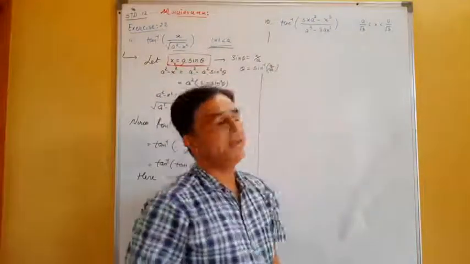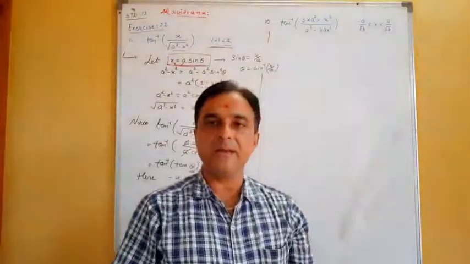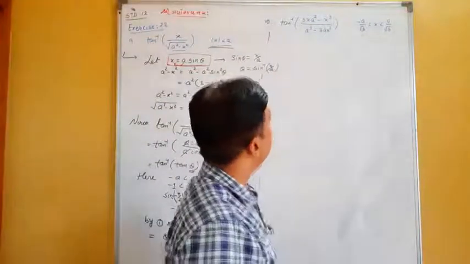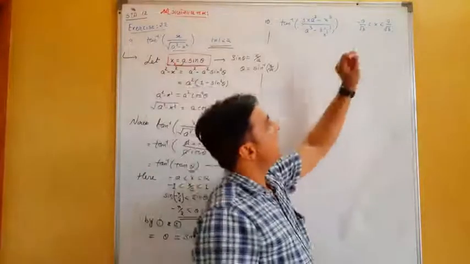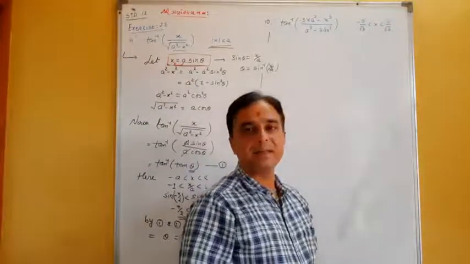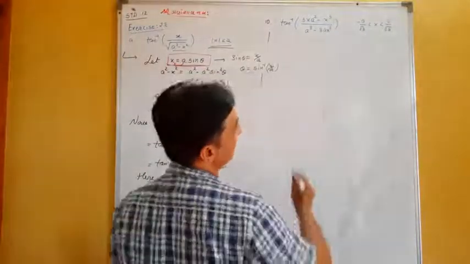Now for the 10th one: tan inverse of 3 x a square minus x cube upon a cube minus 3 a x square, where minus a by root 3 less than x less than a by root 3.